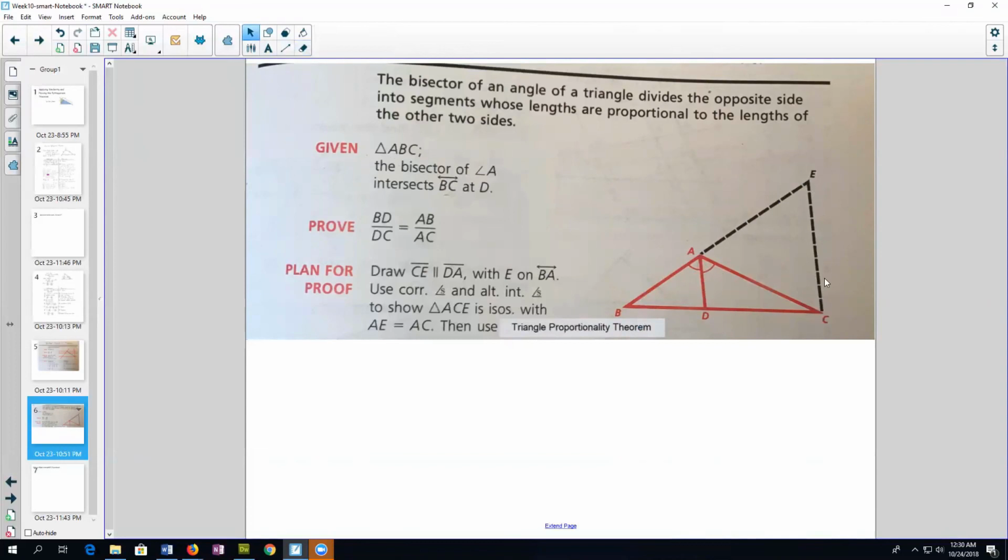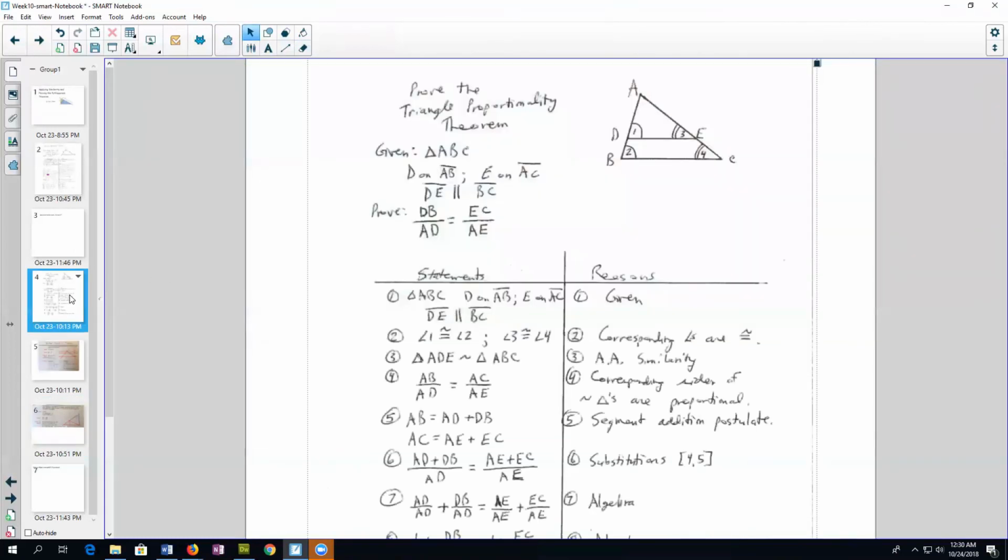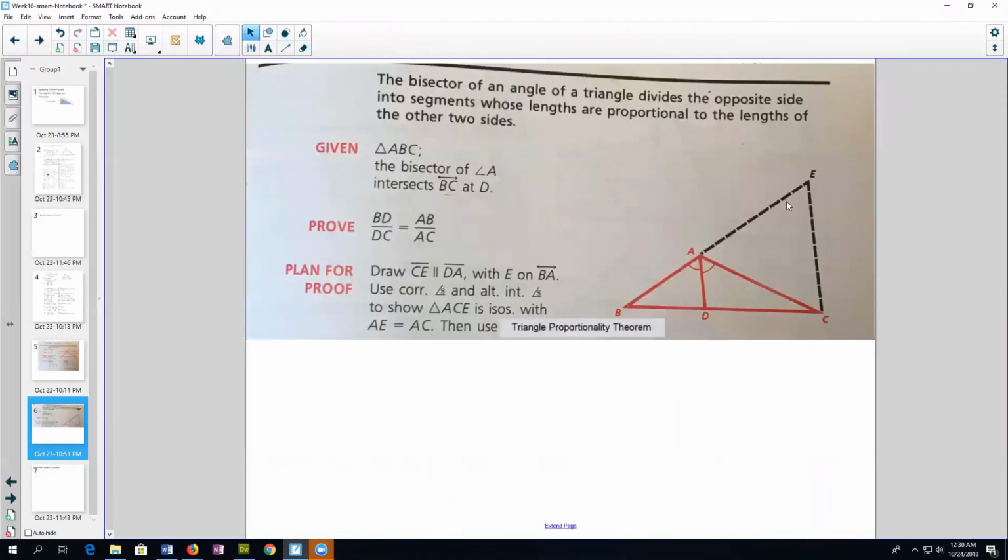And of course, the reason we're doing this is so that we can use our Triangle Proportionality Theorem. And then I extend this side AB to get point E. So this forms a nice big triangle that I can use my theorem on.